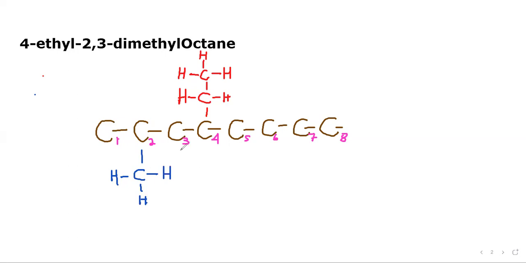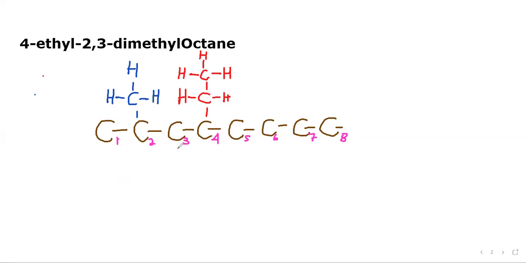Let me write it like this so that I don't make mistakes. It was correct, but I don't want everything to be congested. So I'm going to draw it like that. That is our CH3 on the second carbon atom.